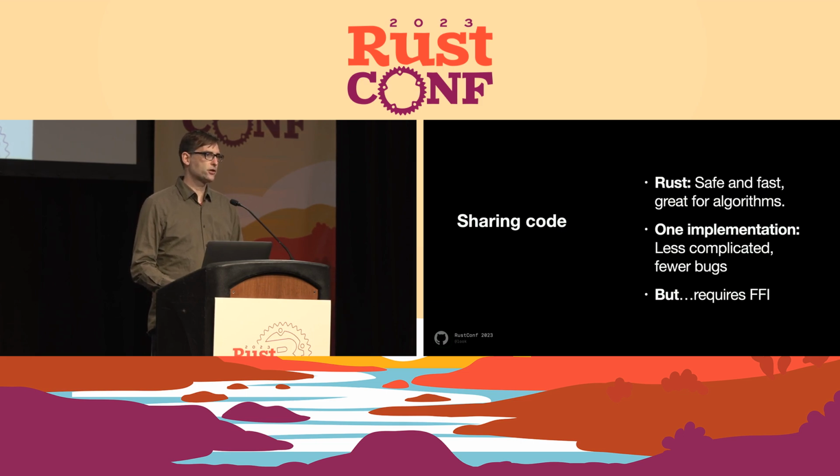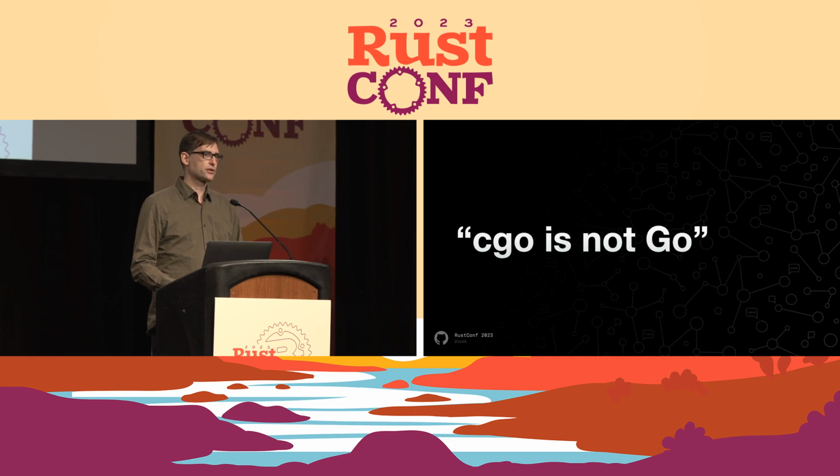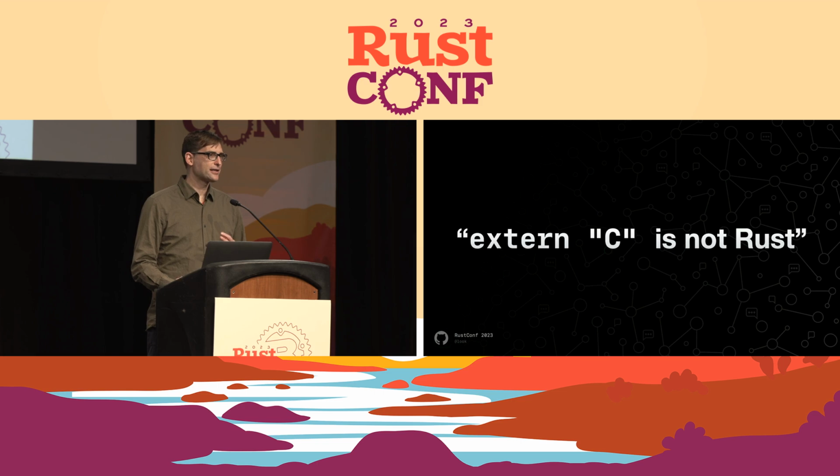Both Rust and Go have ways of doing this. In Rust, we have extern C, and in Go, we have CGO. But there's a famous blog post from Dave Cheney in the Go world called "cgo is not Go" that kind of enumerates all the weird things you have to deal with when you use CGO. And if I can paraphrase that, I'll say that extern C is not Rust.